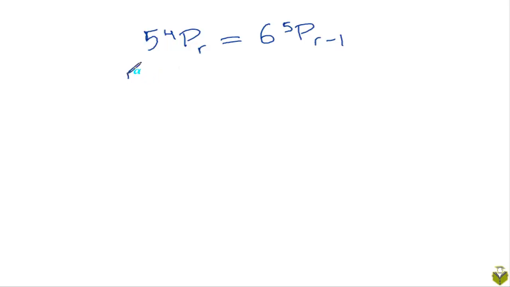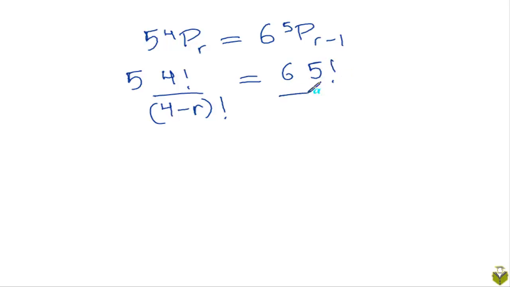Again, like before, we just expand this formula to 4 factorial divided by (4 minus r) factorial is equal to 6 times 5 factorial divided by (5 minus r plus 1) factorial, right?